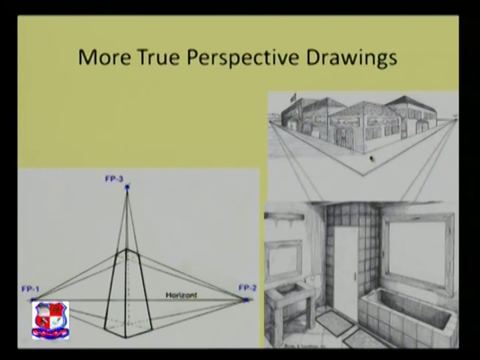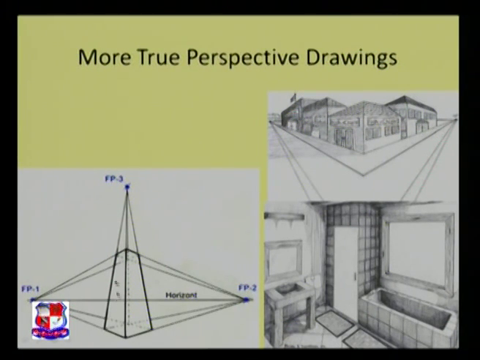Over here you can have a brief idea of the 2 vanishing point. As you can see, this picture has been captured with two vanishing points, on the left side and on the right side. It can give you a brief idea of how they differ from each other.